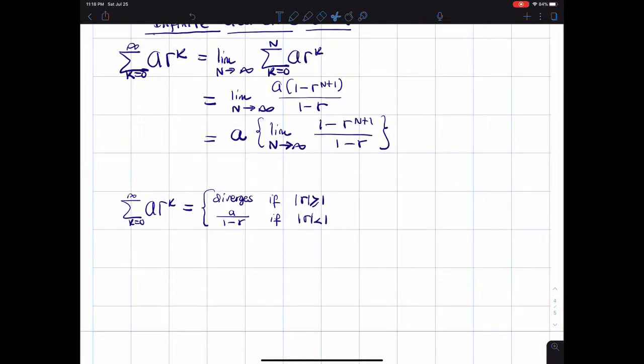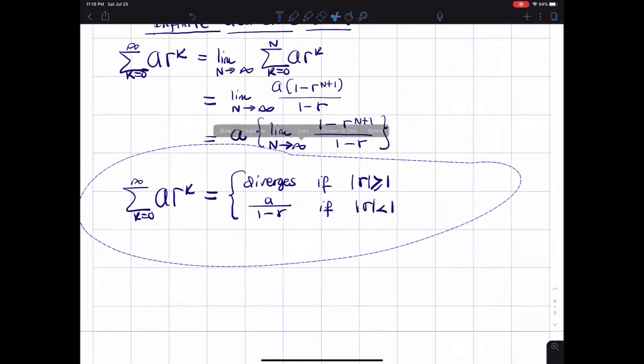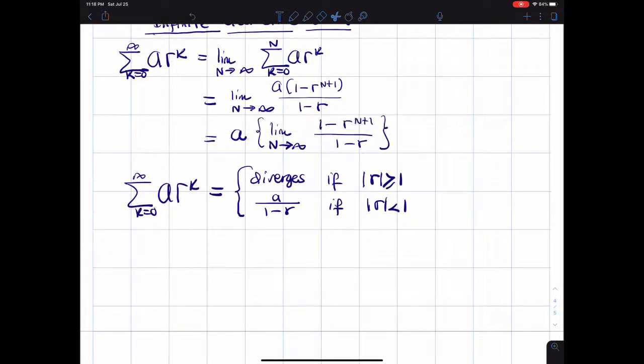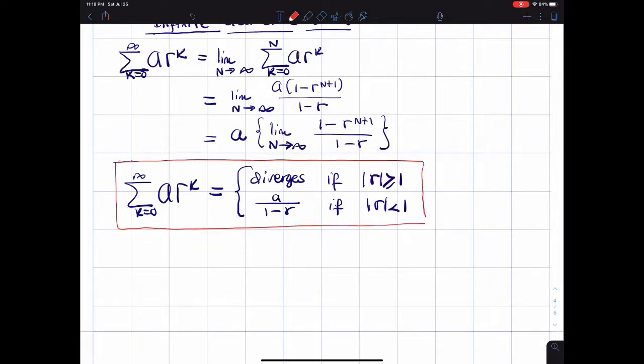We're going to be using it a whole lot. How about I make it a little larger? Big result. Put it in red. This result only applies to infinite series. It doesn't apply to partial sums.